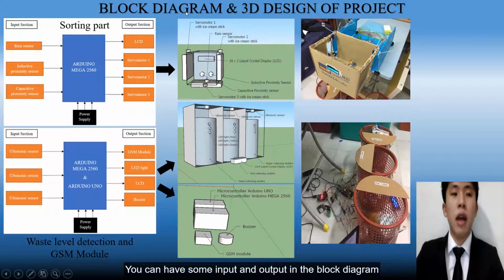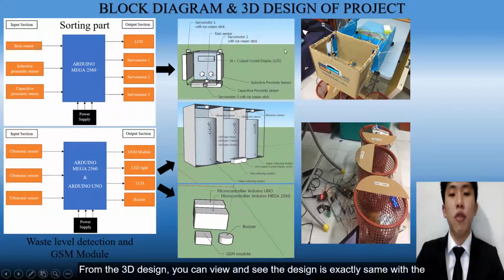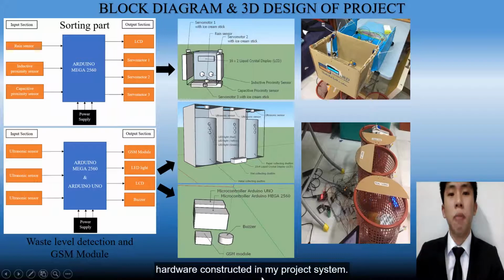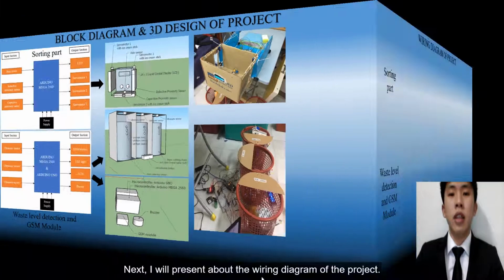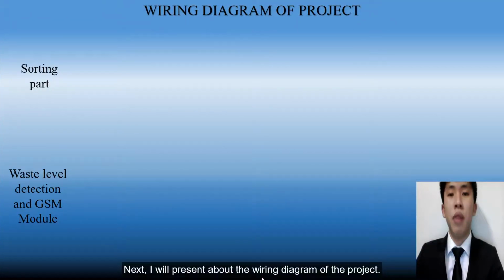You can see some input and output from the sorting part and also the level detection. From the 3D design, you can see the design is exactly the same as the hardware constructed in my project system. Next I will present the wiring diagram for the project.